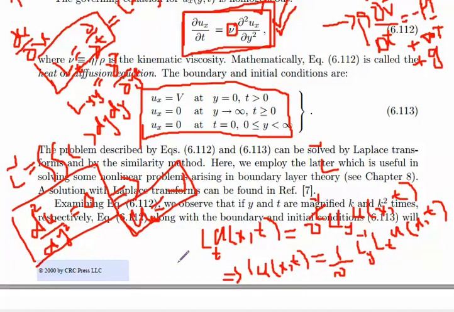All other terms can be written in a recursive form.